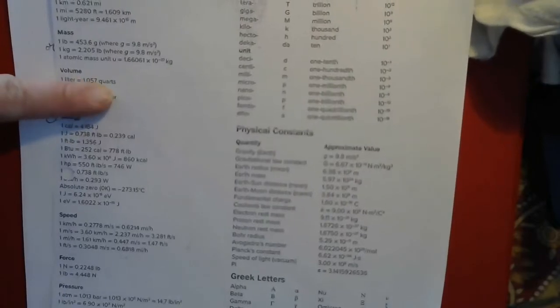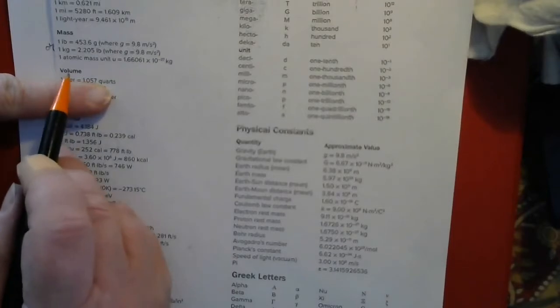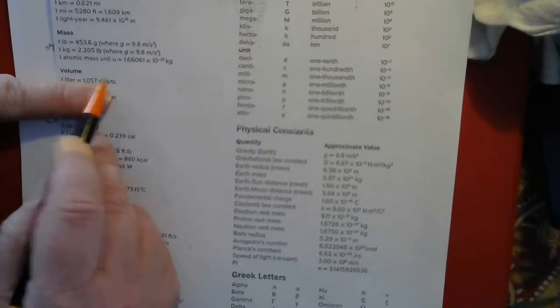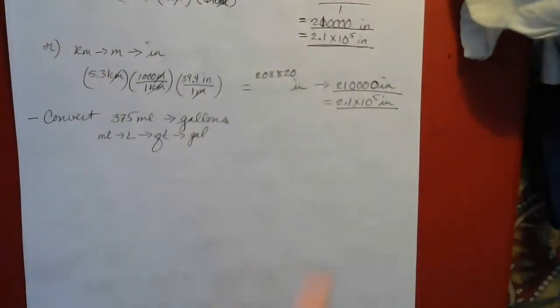Liter is metric, quarts is English. We've got a conversion factor right there between metric and English. So if we can get from where we started to liters, we can use this conversion factor to get the quarts, and then we can go from quarts to gallons. This is kind of like the midpoint that we're shooting for. We got to get the liters, then we can get the quarts using this, then we can get the gallons.